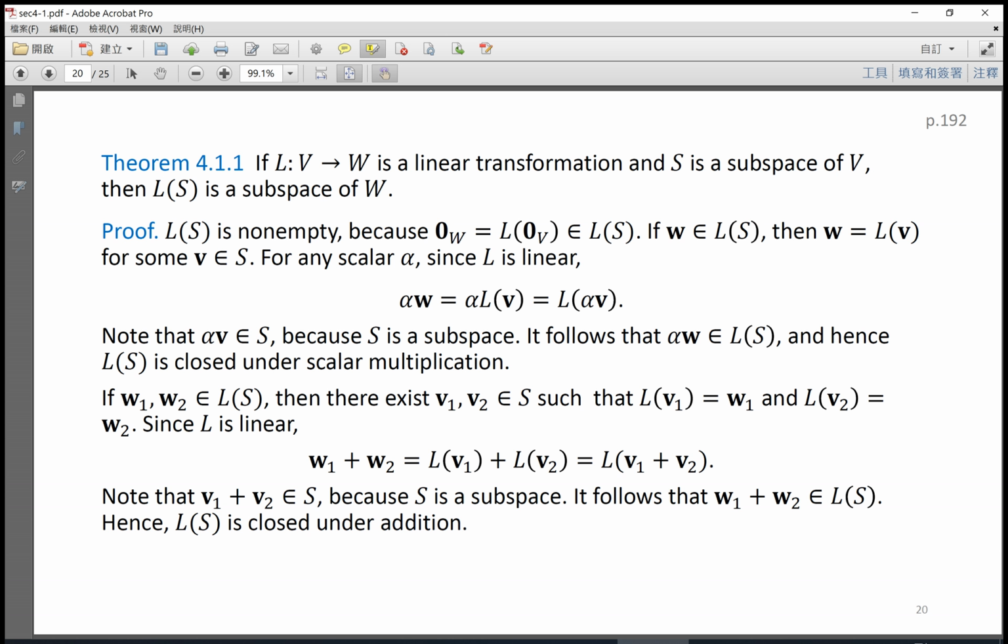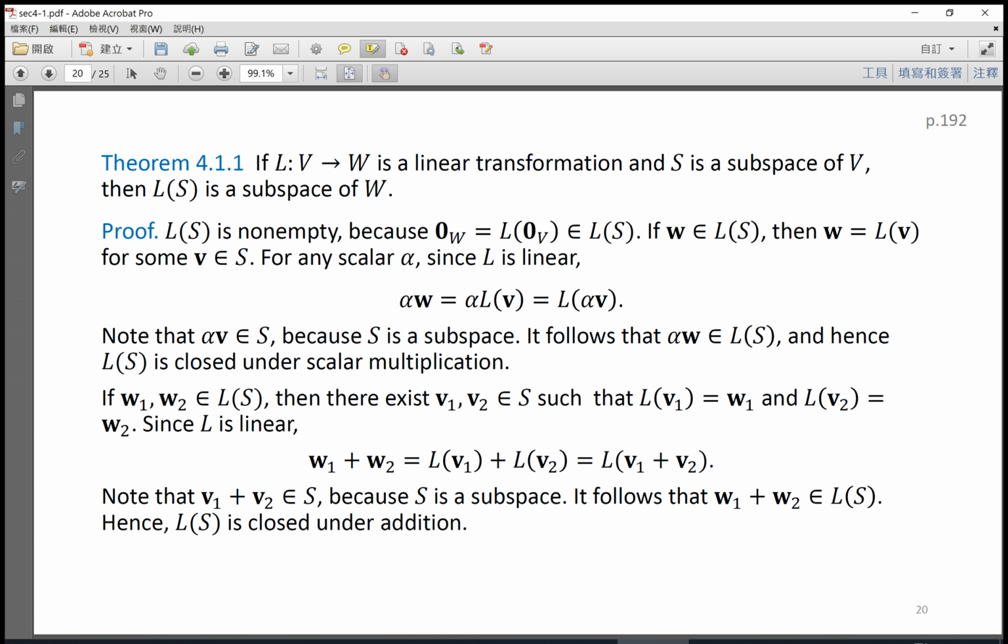First, we need to show L of S is non-empty. Second, we need to show L of S is closed under scalar multiplication. Third, we need to show L of S is closed under vector addition.